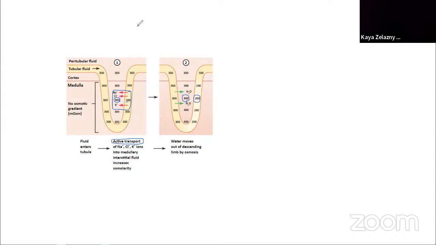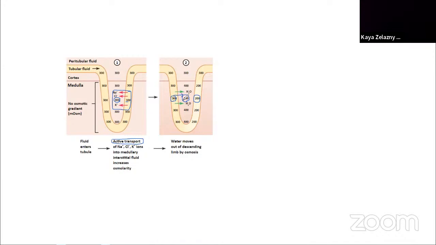So we see that the tubular fluid has an osmolarity of 300 milliosmoles, which is less than the medulla, and it's 400 milliosmoles. So now water is able to move by osmosis towards that greater osmolarity.